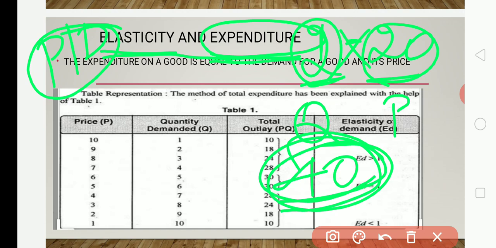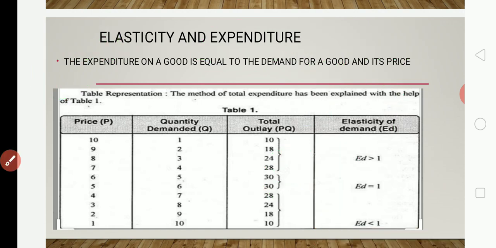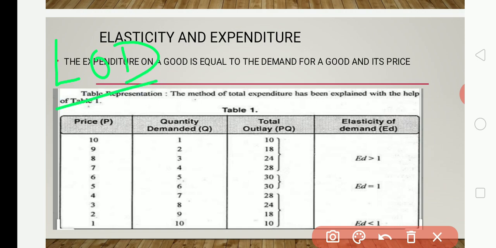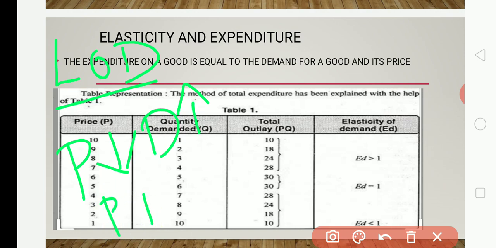Now we will see the relationship between elasticity and expenditure. To study this, we already know the law of demand. The law of demand states that, other things remaining constant, when the price decreases, demand for that good will increase, and when the price increases, demand will decrease.